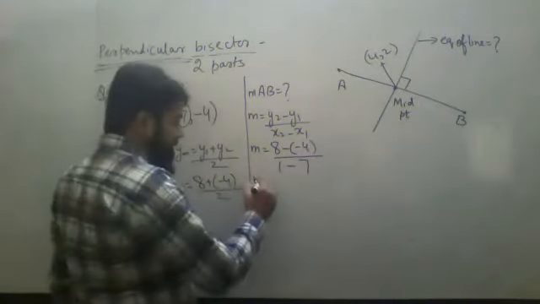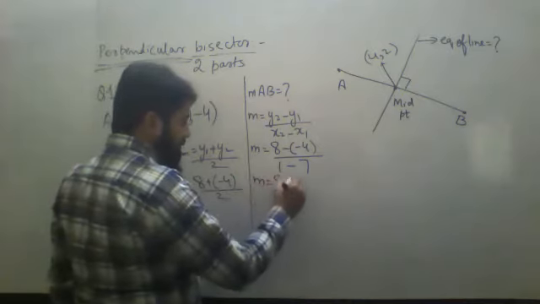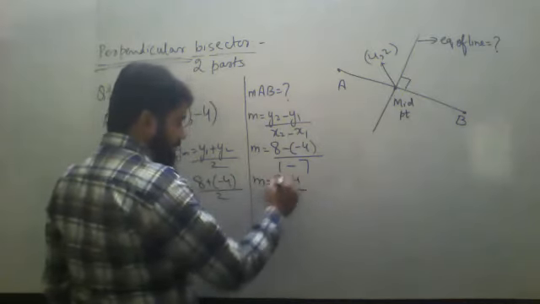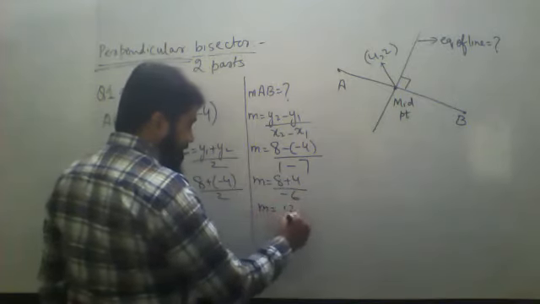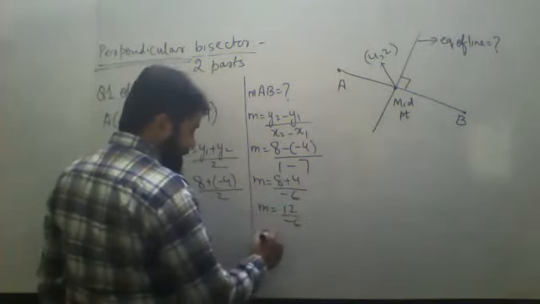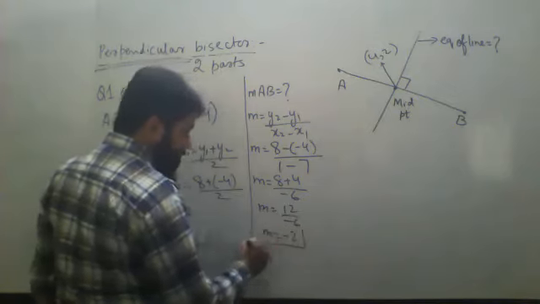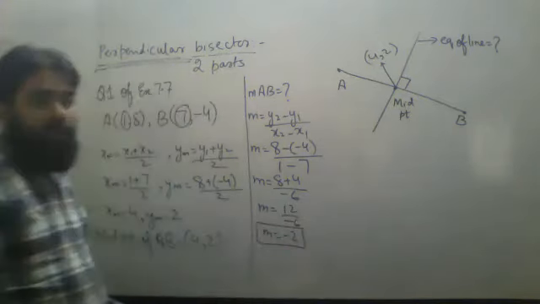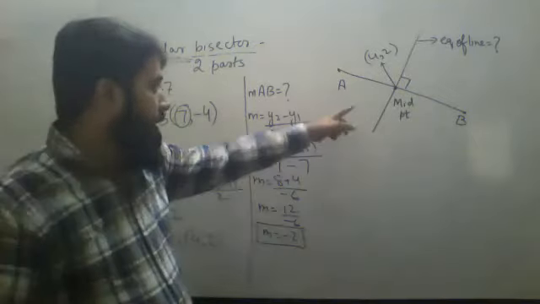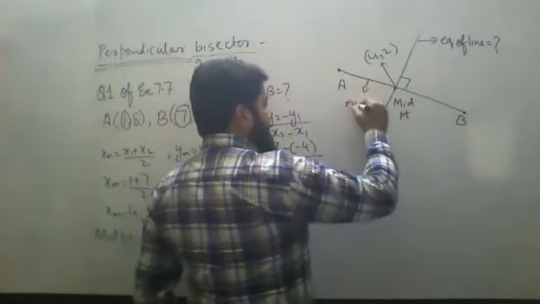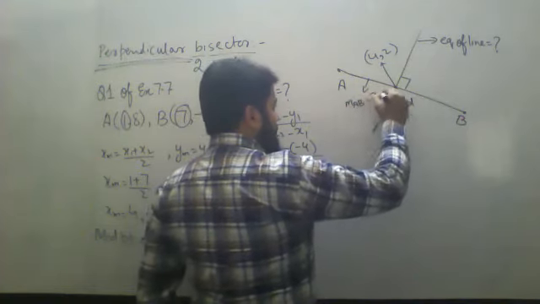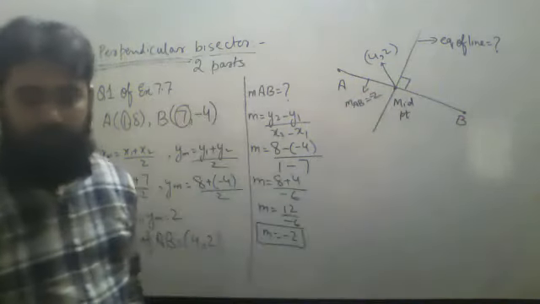Simplifying it, m equals 12 over minus 6, m equals minus 2. The gradient of AB is minus 2.